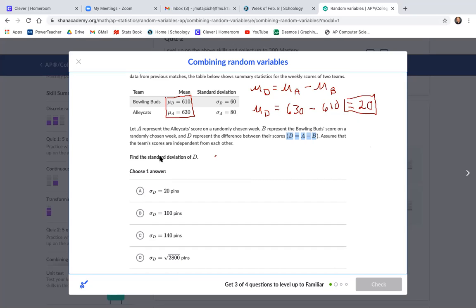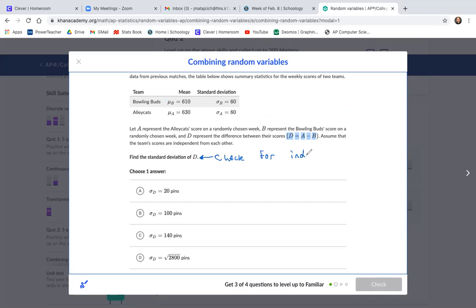So the standard deviation, this gets a little bit more difficult. To do the standard deviation, the very first thing you need to do is check for independence.